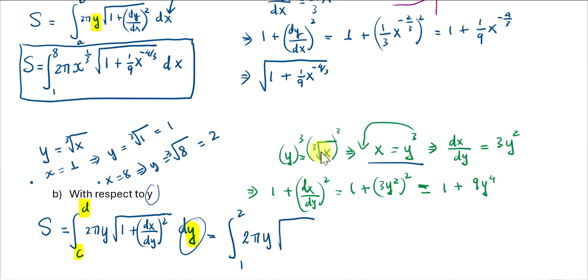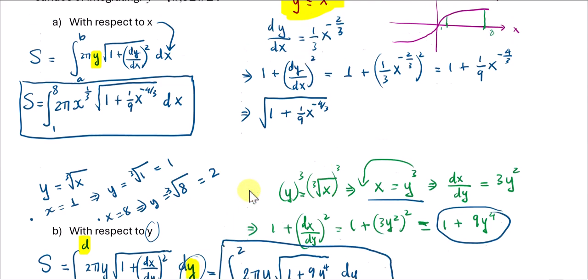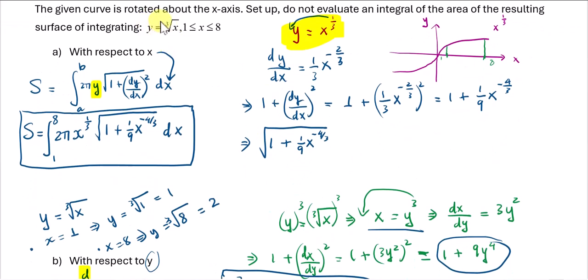And then the square root of 1 plus dx dy squared will be this term right here, 1 plus 9y to the 4th power. And of course, this is going to be dy. So this is the final integral that represents the surface area of this curve when rotating with respect to the y.